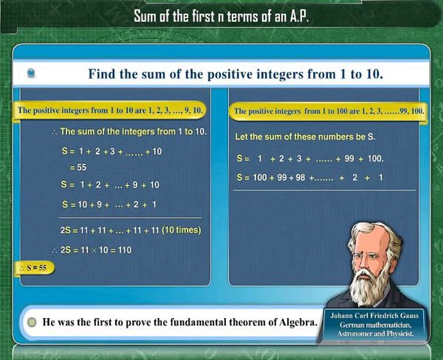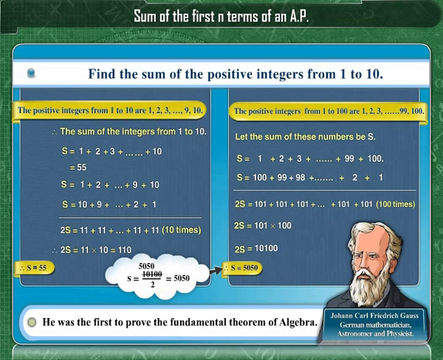Adding both the equations, we get 2S is equal to 101 plus 101 plus 101 and so on up to 100 times. Therefore, 2S is 101 multiplied by 100. Therefore, 2S is equal to 10,100. Therefore, S is equal to 5,050.